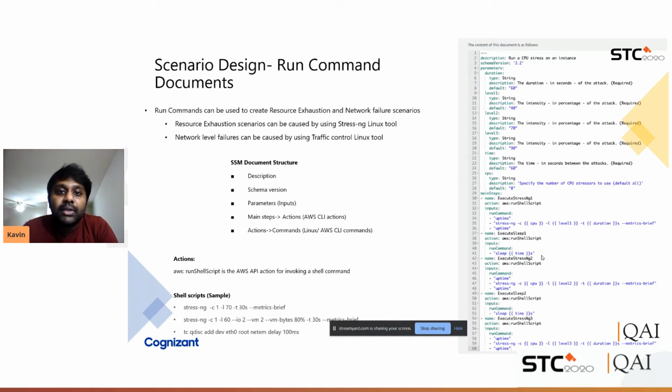These scenarios can be executed against a single EC2 instance and also multiple EC2 instances, thus allowing us to create extensive chaos over the EC2 instances, enabling us to understand how resilient the system is when everything fails.